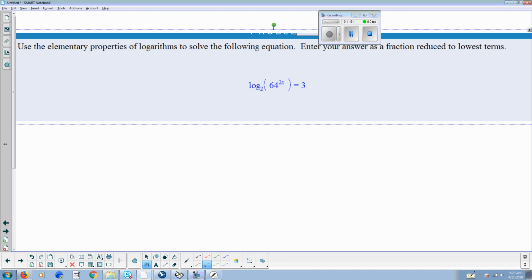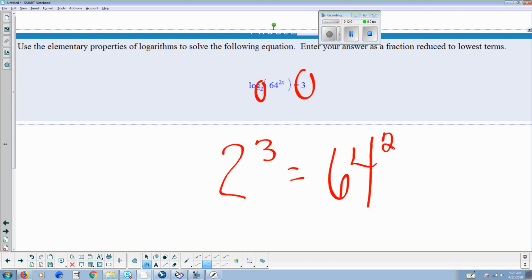So the exponential form here is going to be 2 to the third power, 2 being the base, 3 being the power, is equal to 64 to the 2x. Now when I see the number 64, I know that that's a power of 2. I know 2 to the 5th is 32, so 2 to the 6th would be 64.